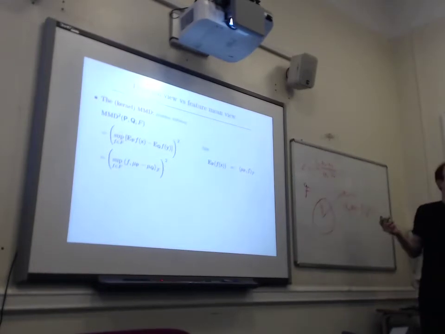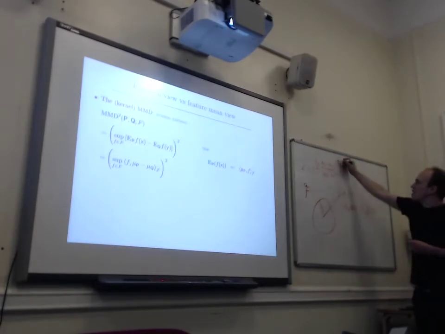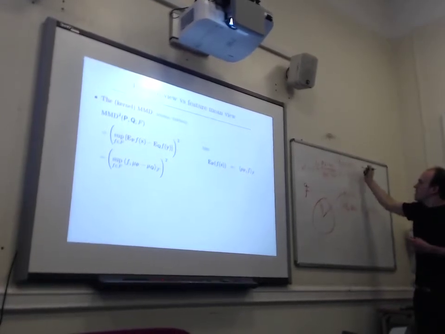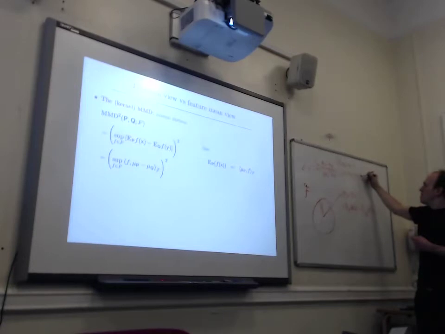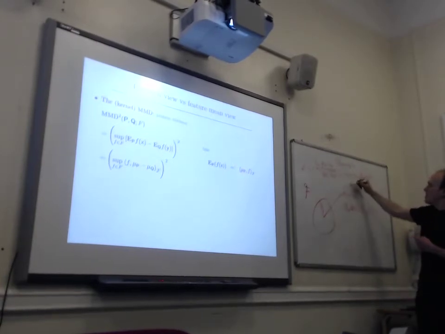Because this is exactly this vector here. So if I take the inner product of F and mu P minus mu Q, what I get is mu P minus mu Q, mu P minus mu Q, divided by the norm.